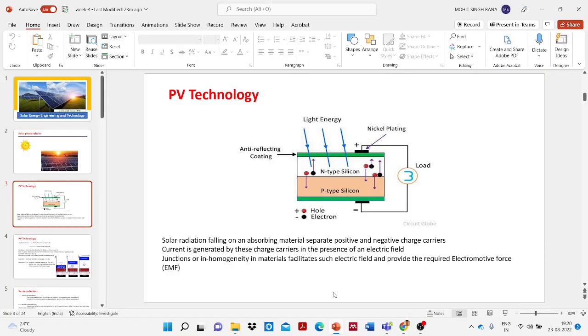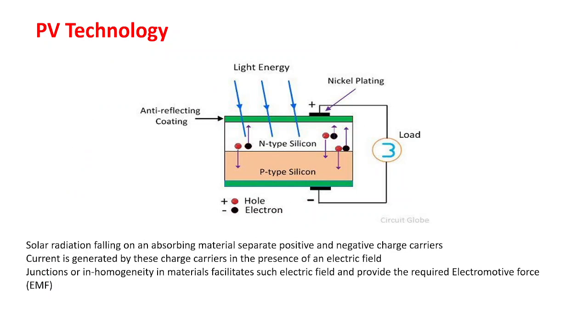For simplicity, just take a picture: there is a material, solar light is falling on it, and the charge carriers in this material are getting separated. Obviously there will be only two charge carriers, positive and negative.